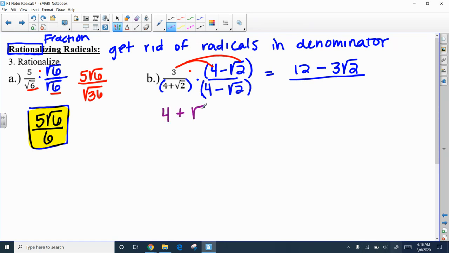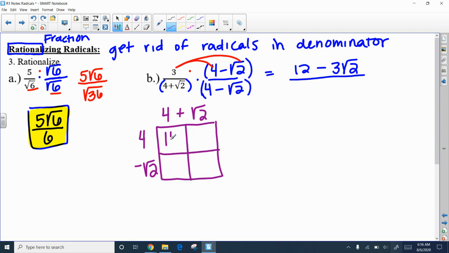So I'm multiplying 4 plus square root of 2 times 4 minus square root of 2. That's going to give me 16 in this box. Here in this box, 4 times square root of 2. In this box, we'd have minus 4 square root of 2. And in this box, we'd have minus square root of 2 times square root of 2. We'd have minus square root of 4.